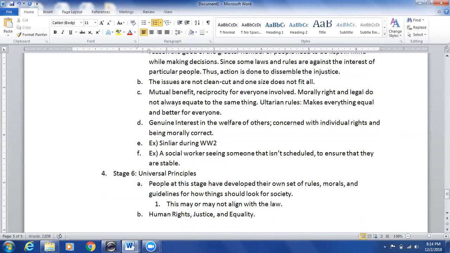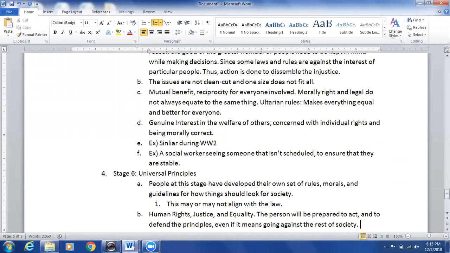This is where the person will be prepared to act and to defend the principles, even if it means going against the rest of society. So very few people reach this level, if you can imagine.